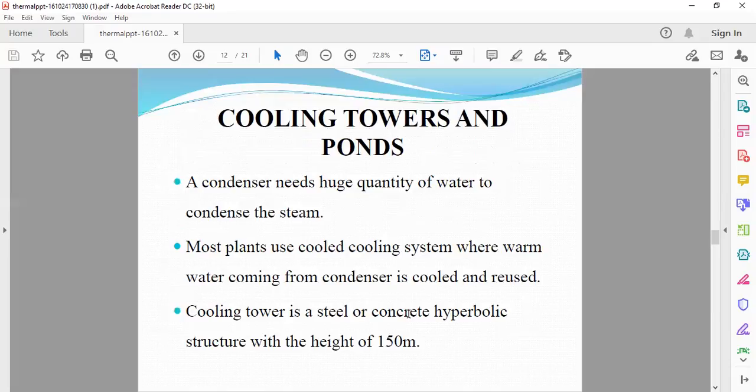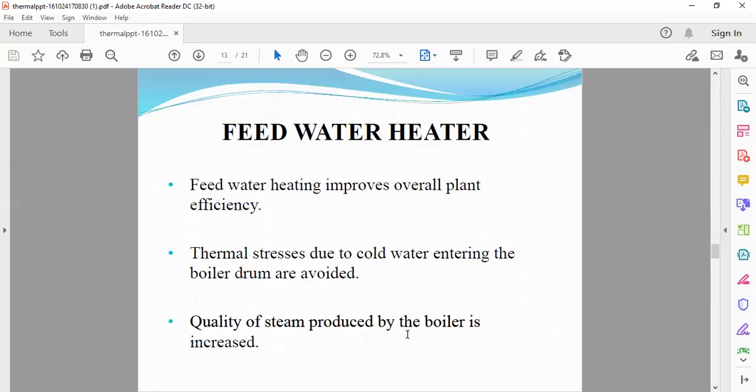So whatever water is utilized is again cooled and sent back through the condenser. A cooling tower is a steel or concrete hyperbolic structure with a height of around 150 meters at the plant. So here we feed the water.